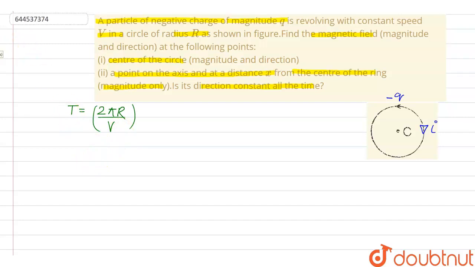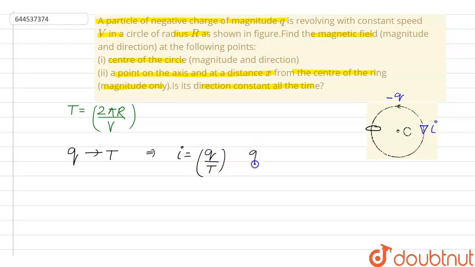Now the current associated can be understood as, let's say a charge q is moving in time t in the complete loop. Suppose we assume a cross section, so in one time period the charge q passes through the cross section. So the current associated in the loop will be equal to the average current, we can say q upon t.